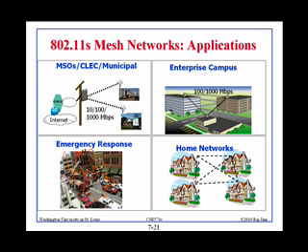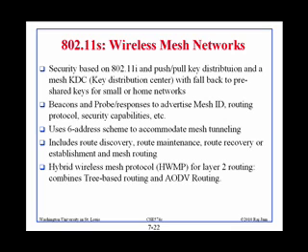You could also do this in an enterprise, where you could have multiple buildings which could be transmitting traffic from one to the other. And so 11S has the facilities for this.